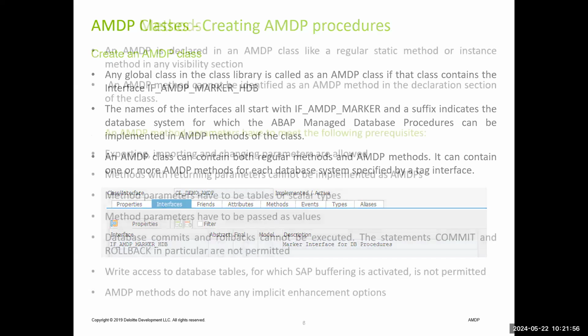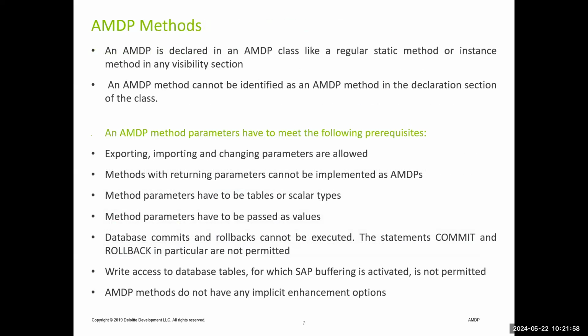Moving forward, AMDP methods. There are some prerequisites. What is an AMDP method? An AMDP method is declared in an AMDP class, just like a regular instance method. The visibility can be public, private, or protected.